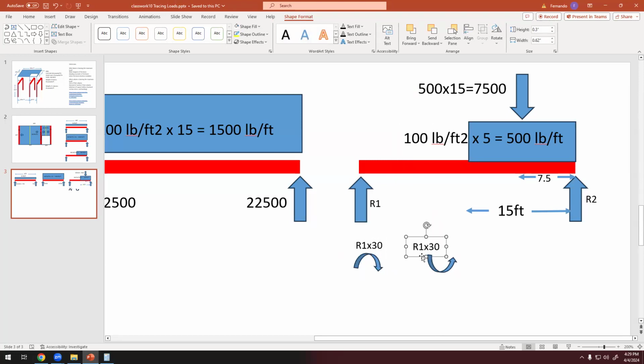That value is 7,500 times the distance. Now the distance is not 30, the distance is 7.5.